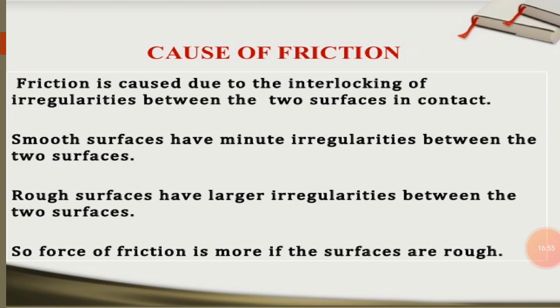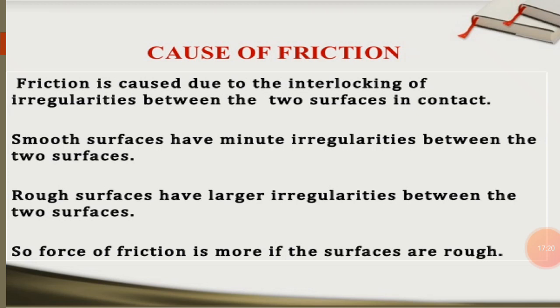In that case, you have to apply a force in order to overcome the interlocking of the irregularities, because when one object is kept over another object, the irregularities present between their surfaces get interlocked. So you have to apply a force to overcome this interlocking of the irregularities in their surfaces.